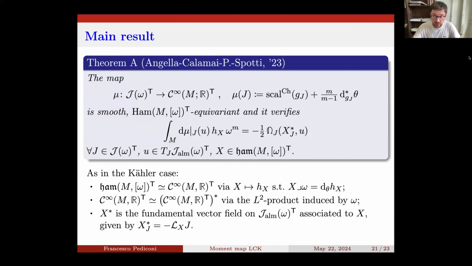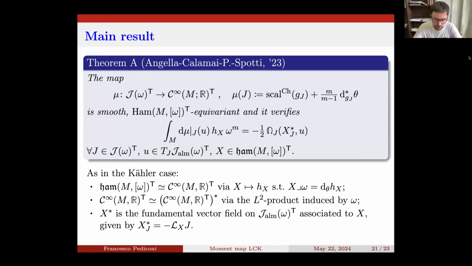And here again, on the right-hand side of the equation, you have a vector field X star on the infinite dimensional manifold, obtained as the fundamental vector field associated to X, twisted Hamiltonian. And again, the expression of X star at a point J is nothing but minus the Lie derivative of J in the direction of X.